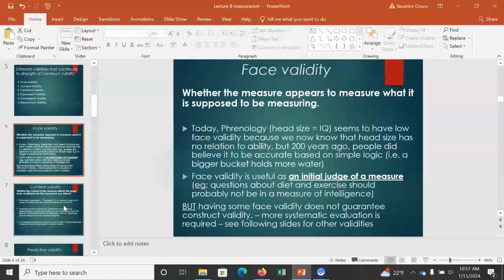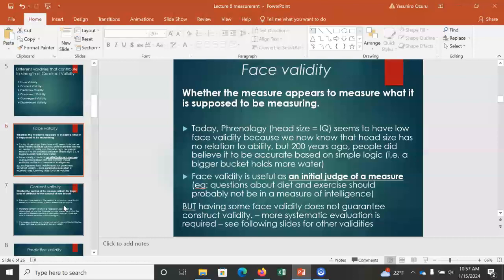Face validity is the simplest: whether the measure appears to measure what it's supposed to be measuring. Phrenology, the head size, seems to have a low face validity because we know that head size is not related to people's mental ability, namely intelligence.